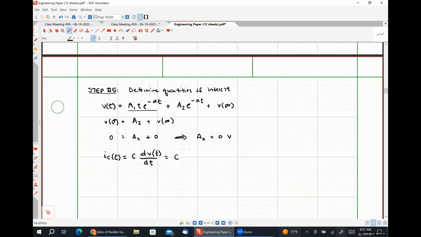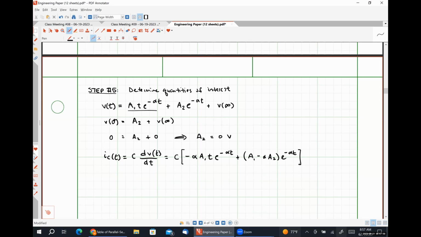So I'm going to have C times negative alpha A1 t e to the minus alpha t plus A1 minus alpha A2 e to the negative alpha t.